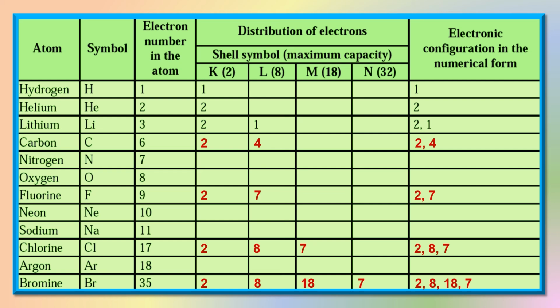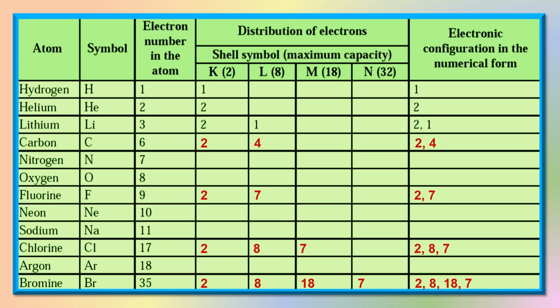So now I am calculating 2 plus 8 is 10, 10 plus 18 is 28. 35 minus 28 is 7 left, and that 7 goes to the N shell. So here we have the electronic configuration 2, 8, 18 and 7.